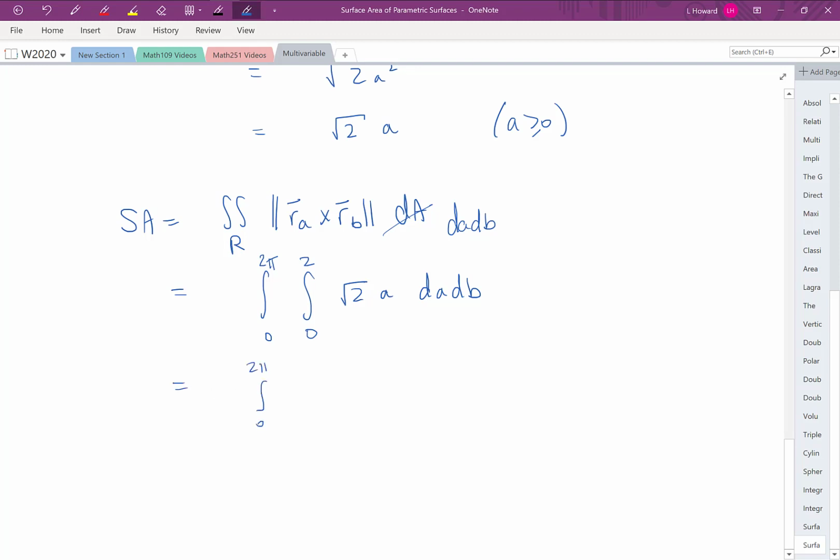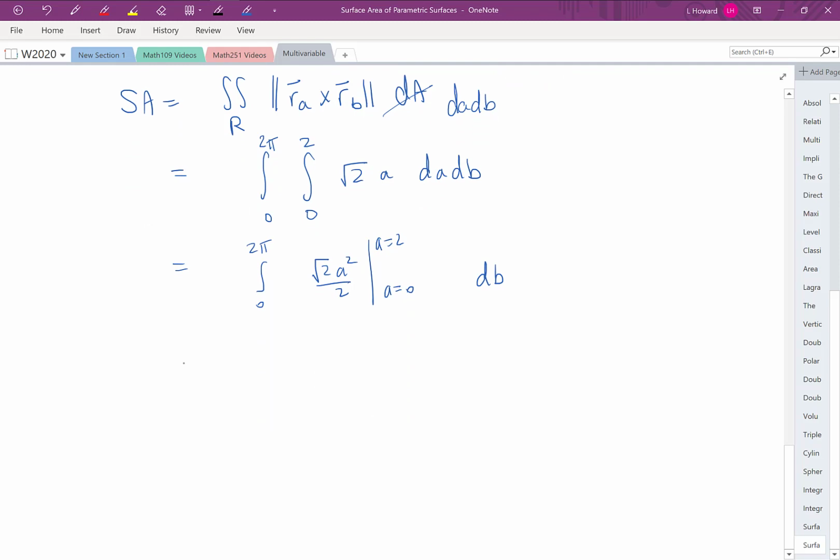Integrating with respect to a on the inside, we'll just leave the outer integral and the outer db on there, and let's do our integration for a. So we'd have root 2 a squared over 2, evaluated at a equals 2 and then a equals 0. Okay, so we've got the integral from 0 to 2 pi db at the back.